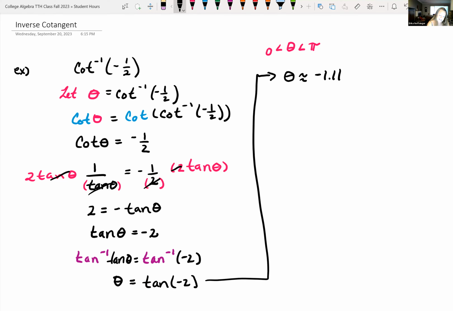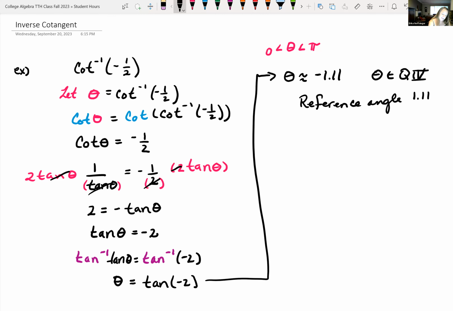But this theta is contained in quadrant 4, because tangent is negative in quadrant 4. So we're going to look at changing this. Our reference angle for theta is positive 1.11.